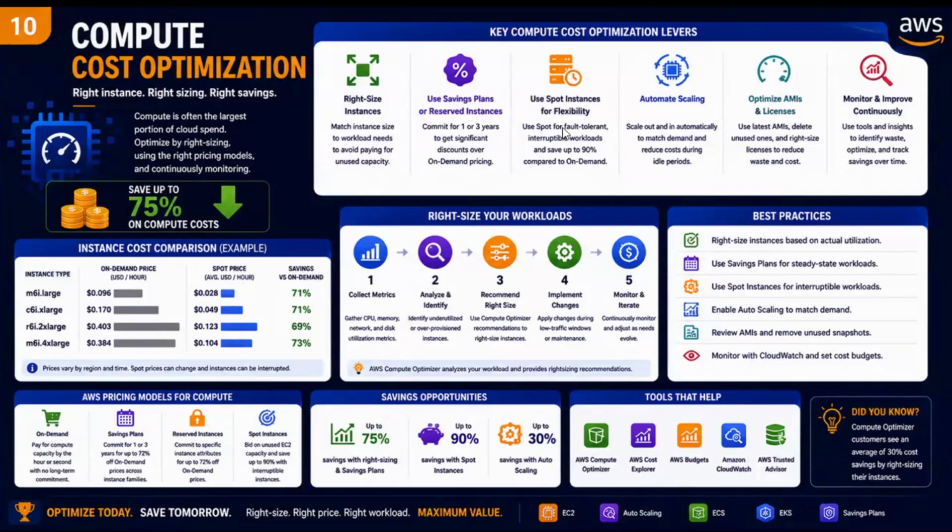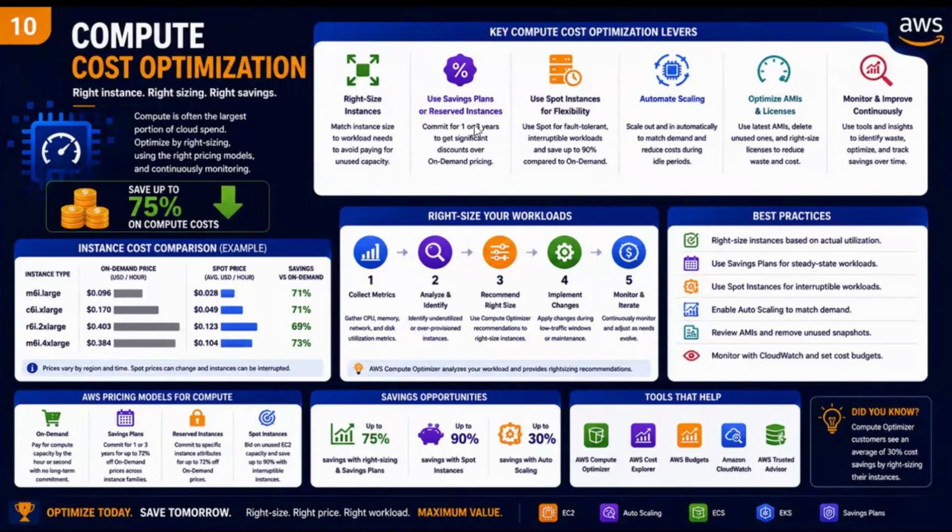The key compute cost optimization lever here is choosing the right instance. Match your instance size to workload needs to avoid paying for unused capacity, and use Savings Plans and Reserved Instances, which we already talked about earlier. So here is compute cost optimization all together.